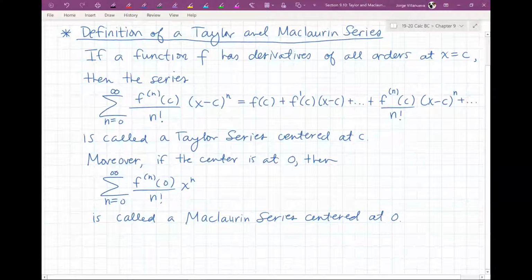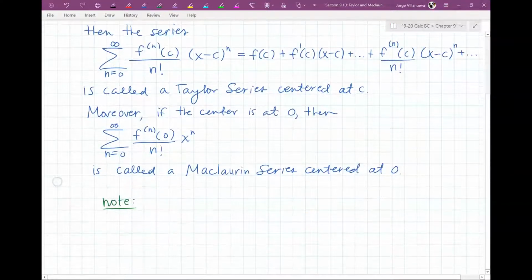Now, if you remember how with power series, they would write a sub n x to the n, right? So it was like a sub 0 plus a sub 1 x plus a sub 2 x squared plus a sub 3 x cubed plus a sub 4 x to the fourth. That's what they would write in the power series. So a real quick note: a sub n for a power series, when you talk about Taylor and Maclaurin, is defined by this term.